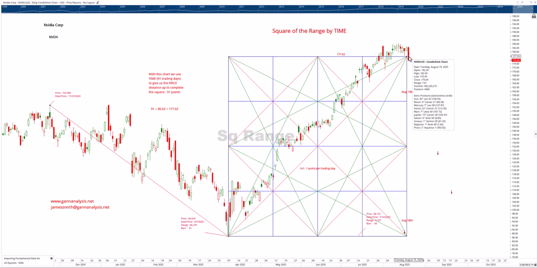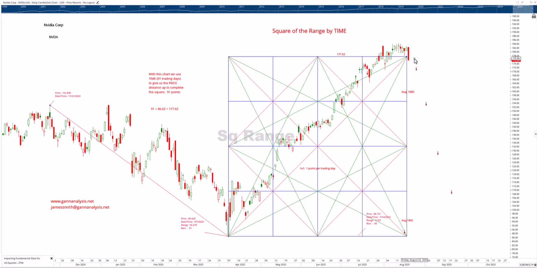So you have a time and price setup. Why? Because the square is completed as of the 18th of August, and the very next day you took out this one by one. So for Gann, you need both time and price to have a trade. You cannot trade just on a cycle.